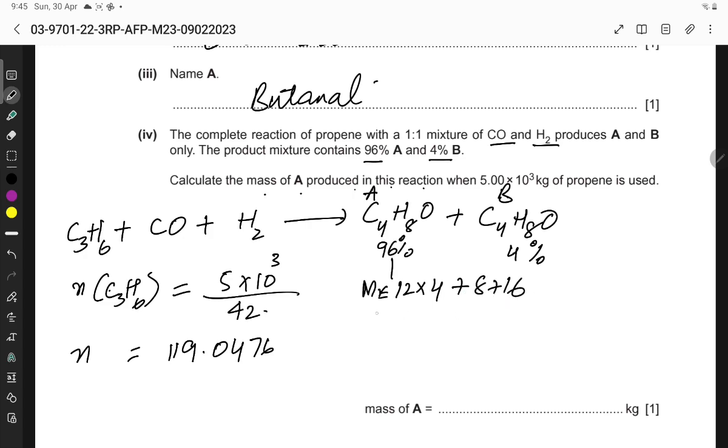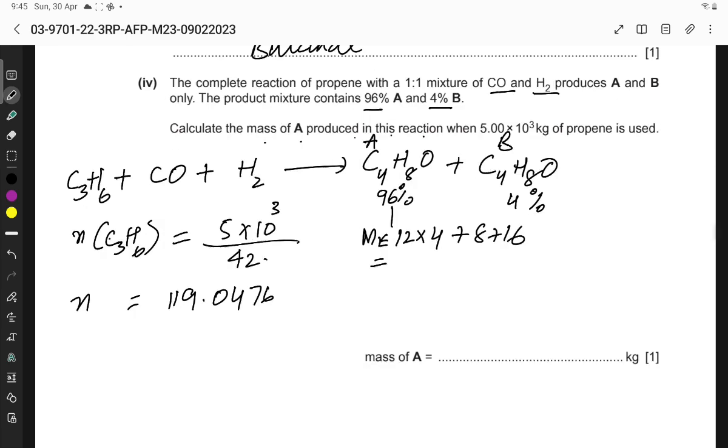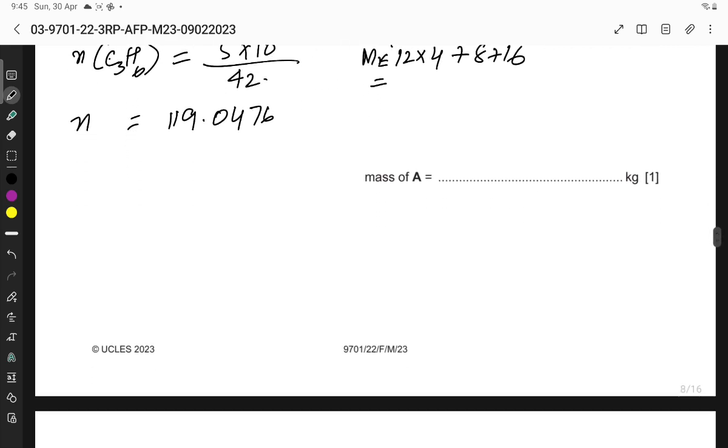This is equal to 48 plus 8 plus 16. This is equal to 72.